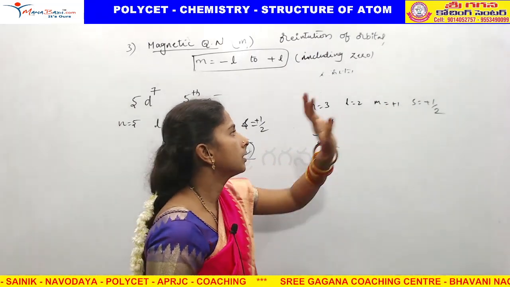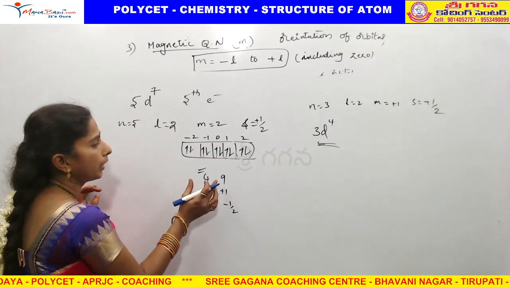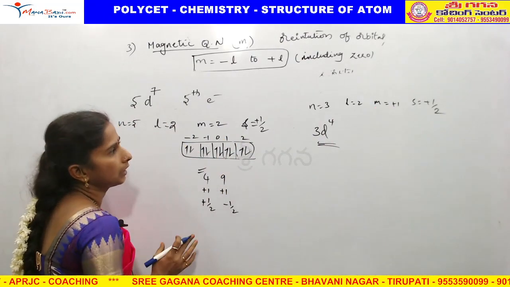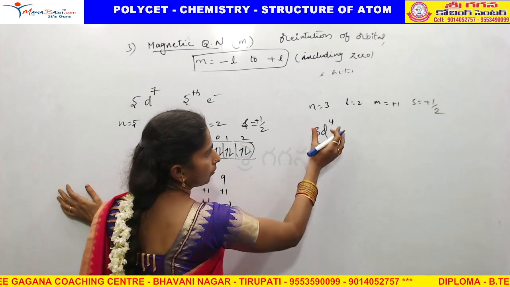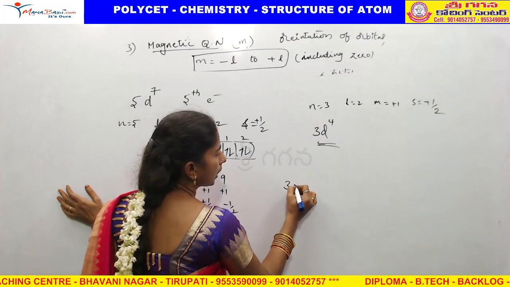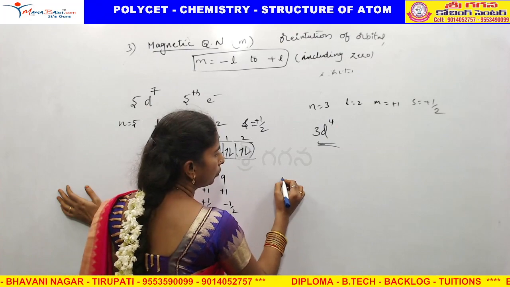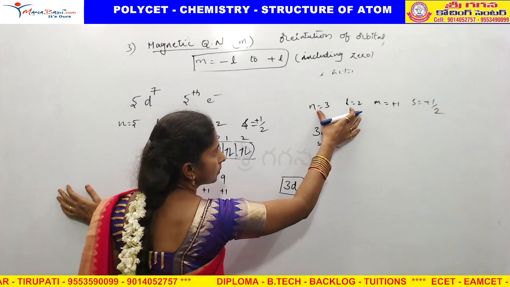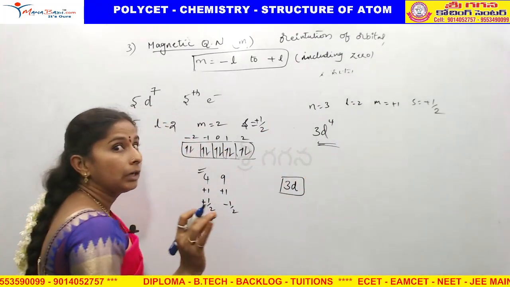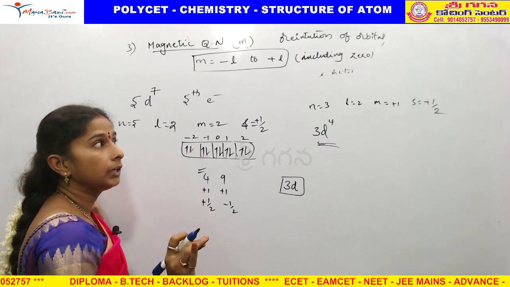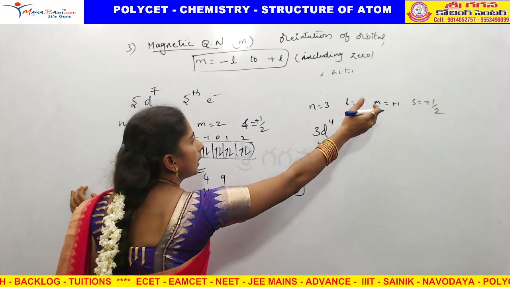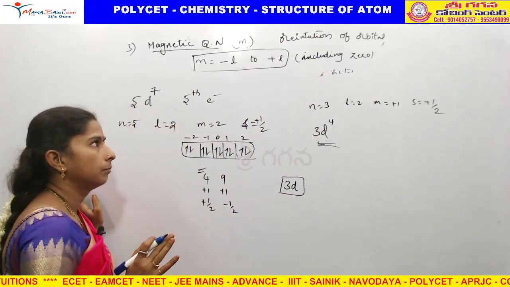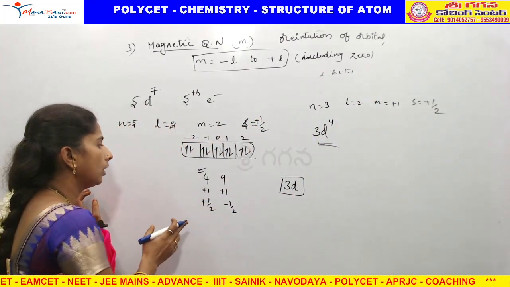M value and S value are used to find out the particular electron. Based on these two values, we can find the third shell D orbital. If you want to find the particular electron, where it is and in which direction, you need to use the magnetic and spin quantum numbers.